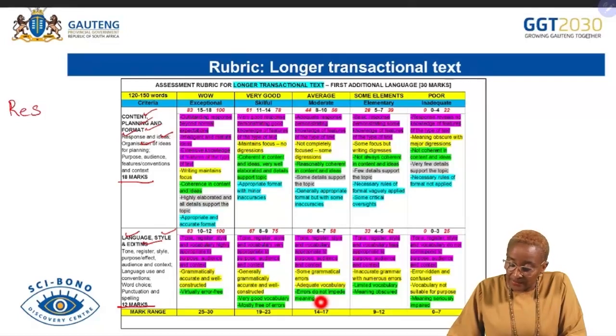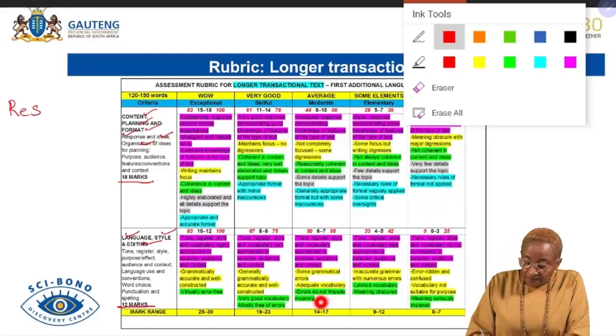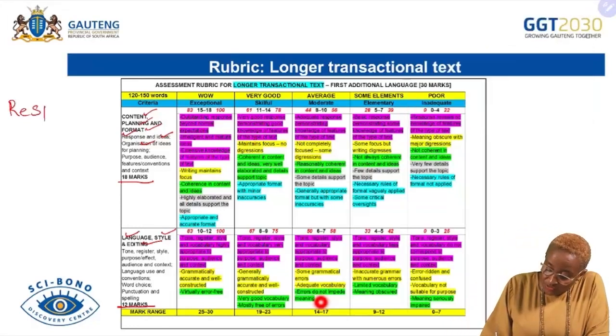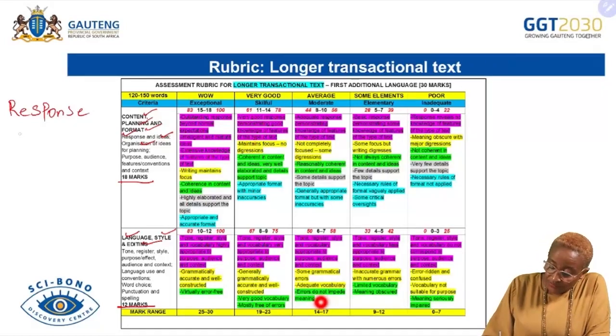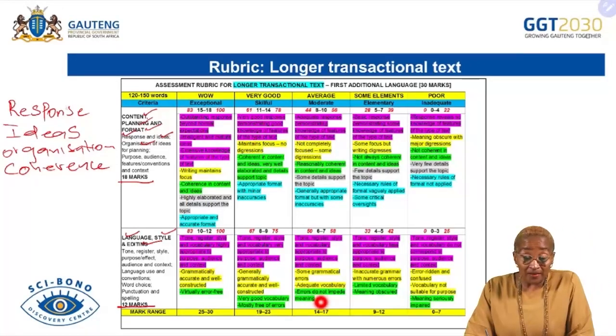Let me just go back. Right, we've got the response there. We've got the ideas. We also have organization. We talk of organization or coherence. These 3 aspects, they should assist you in judging the content.